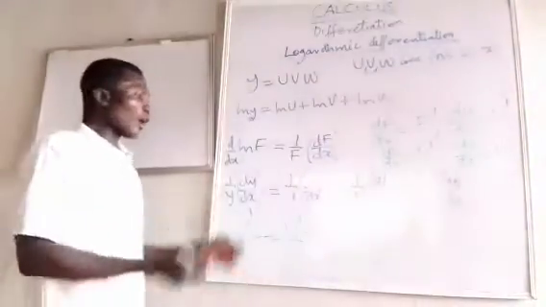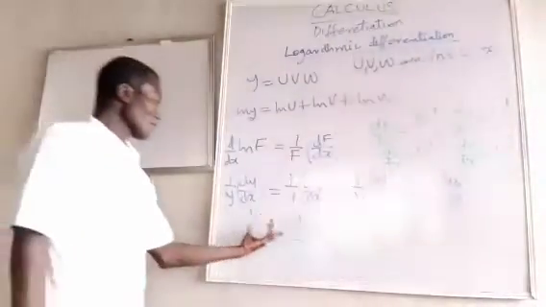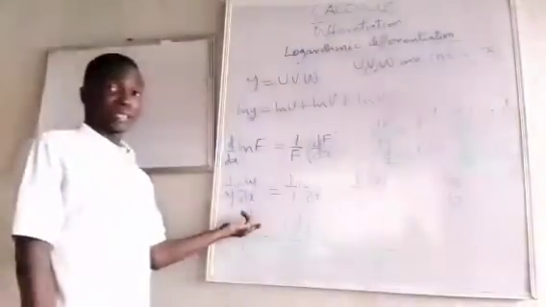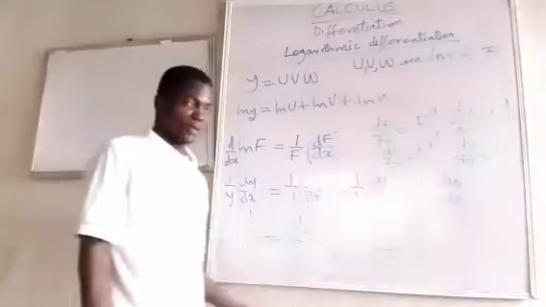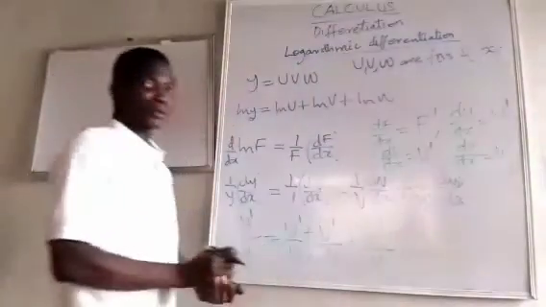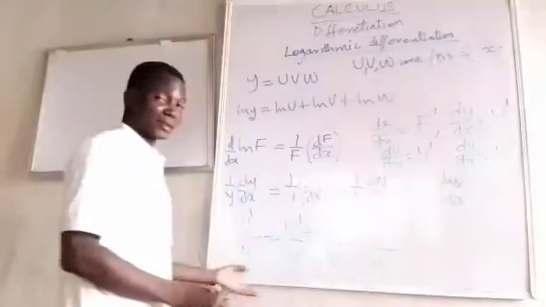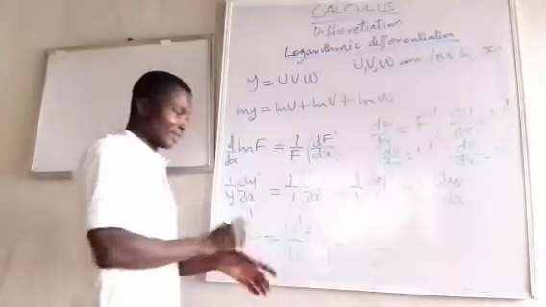At the end of the day, all you need to do is leave this one here and handle the fractions the normal way. That's how you get your answer. It becomes very, very easy.